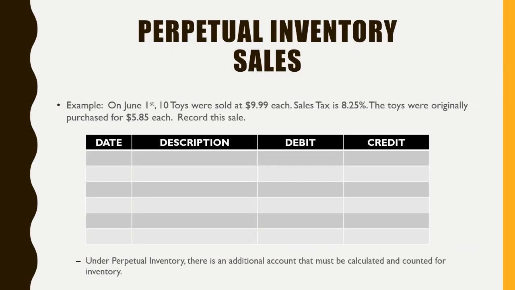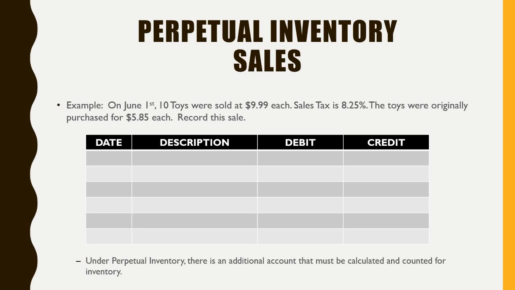So let's go ahead and take a look at our very first problem here. So example here for June 1st, we sold 10 toys at $9.99 each. Sales tax was 8.25%, and the toys were originally purchased at $5.85 each.